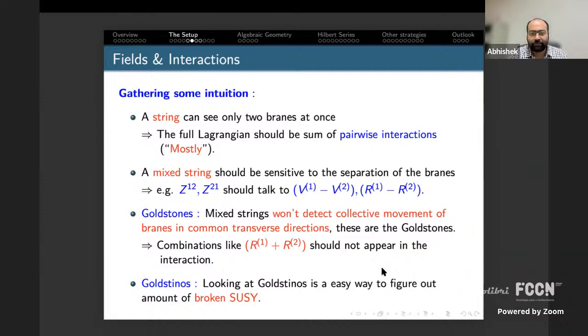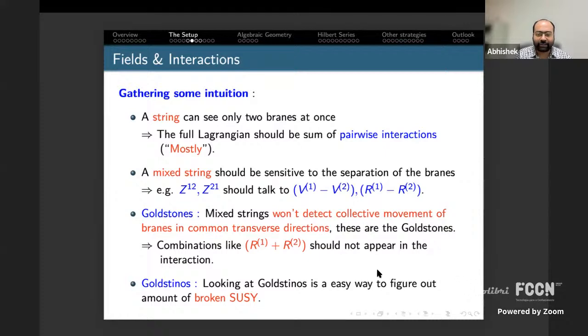The separation between the branes is V1 minus V2 and R1 minus R2, so they will talk only to the separation. The other combinations, V1 plus V2 and R1 plus R2, are basically the Goldstone modes of the system. You have an intersecting D-brane system, so you can slide one brane past another, or take the full system and slide it in some direction. All those things are not really counting the microstates of black holes. They are like overall motion, so they come under the Goldstones.